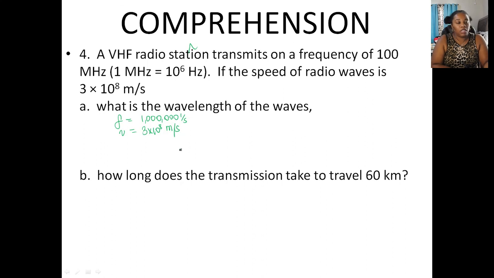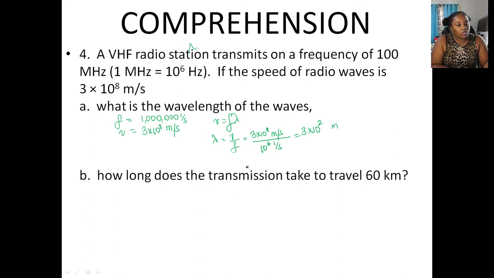And so if we have v equals frequency times wavelength, and we're looking for wavelength, it will be v over frequency. So it's going to be 3 times 10 to the 8 meters per second over 10 to the 6 per second. We're going to be left with units of meters. 8 minus 6 is 2, so it's 3 times 10 to the 2. Remember, when you have the same base, you just subtract the exponents. So 3 times 10 to the 2.